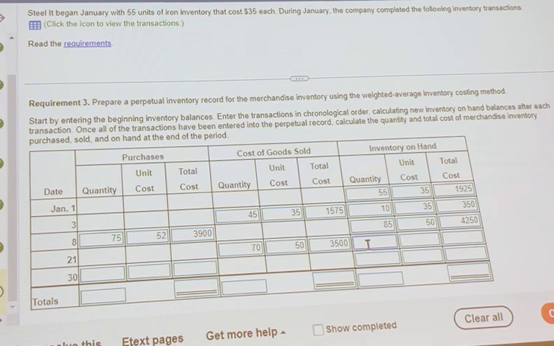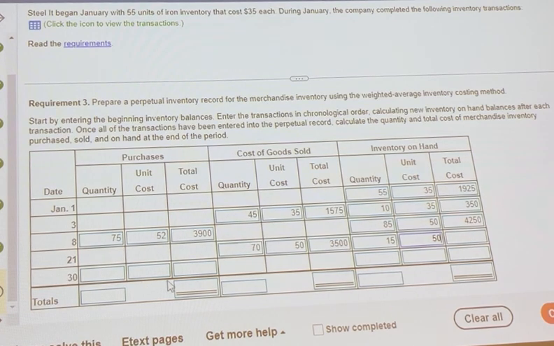And what we're left with in inventory is 15 units, which will also be at that weighted average cost of $50. Total cost of $750.